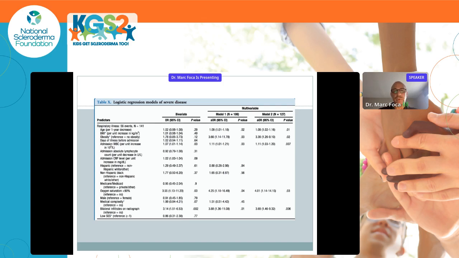So if you had a high white count and respiratory symptoms, including infiltrates and a low oxygen saturation, you were more likely to be admitted, and if you were younger and more overweight. And this tracked pretty well with what was seen with adult studies.